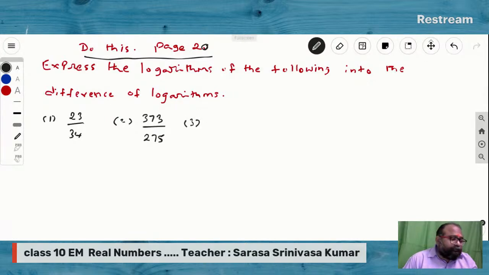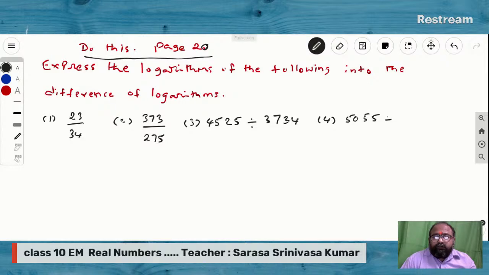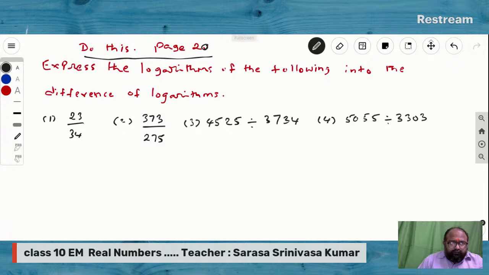Third problem, 4525 by 3734. And fourth problem, 5055 divided by 3303. So now we note down the formula of logarithms.